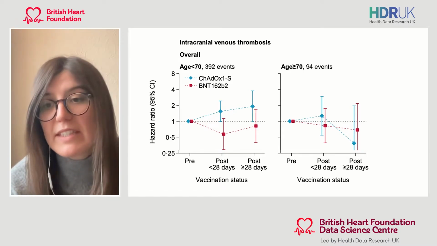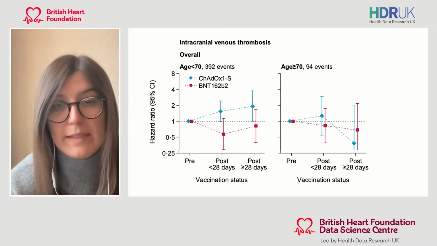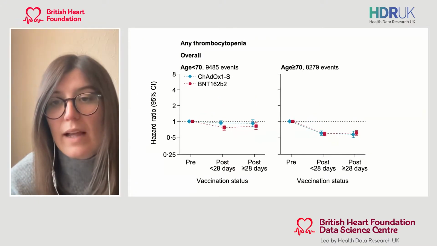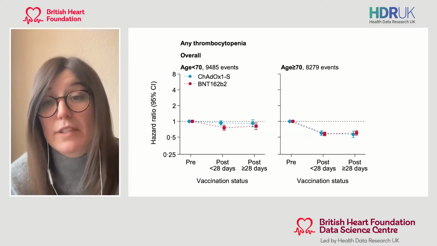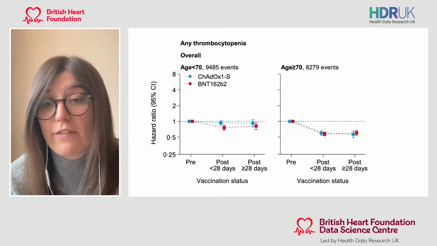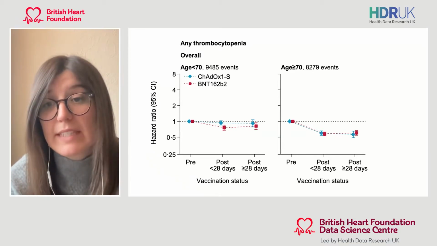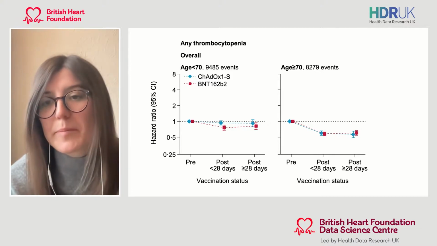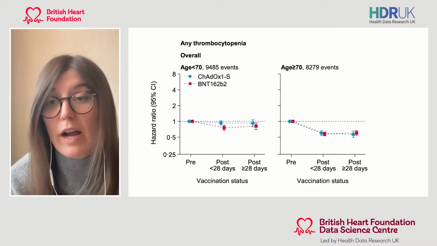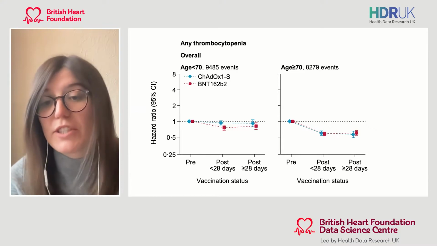And in the over 70s, the hazard ratios were similar to 1 throughout. And then for thrombocytopenia, we saw relatively little difference between AstraZeneca and Pfizer, and hazard ratios close to 1 throughout for people under 70. And for the over 70s, we saw a suggestion of a protective effect, but this probably relates to the fact that vaccination is reducing infection.